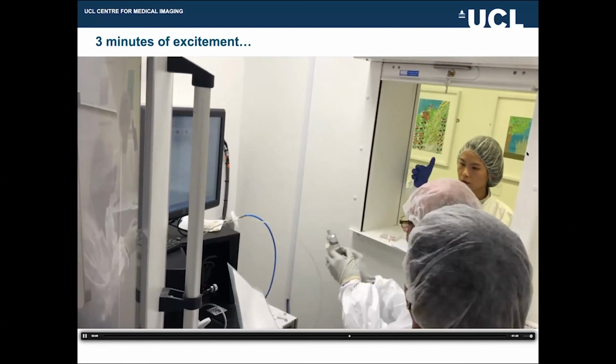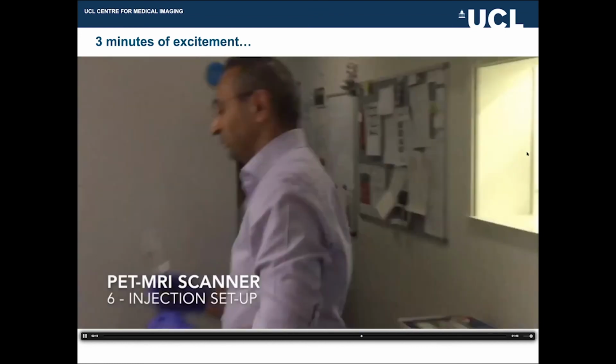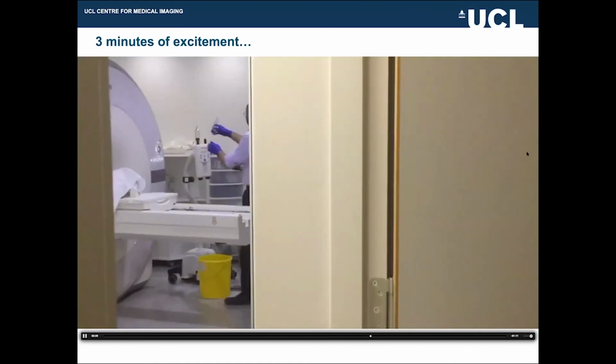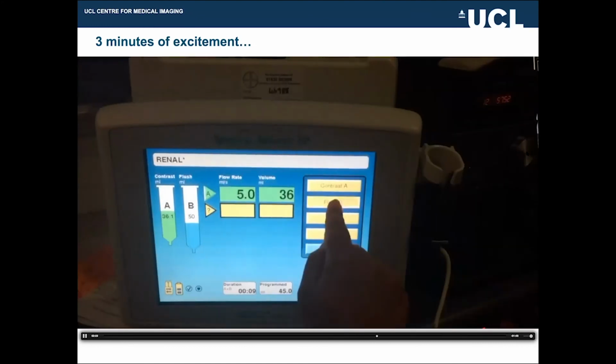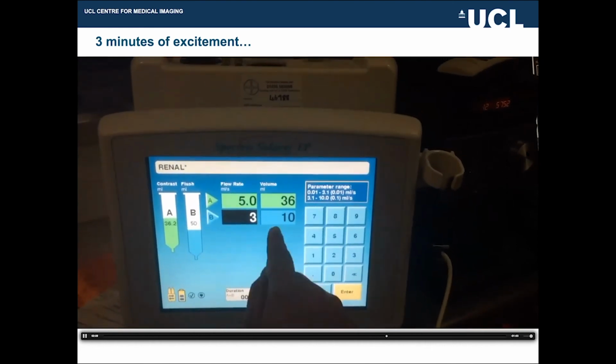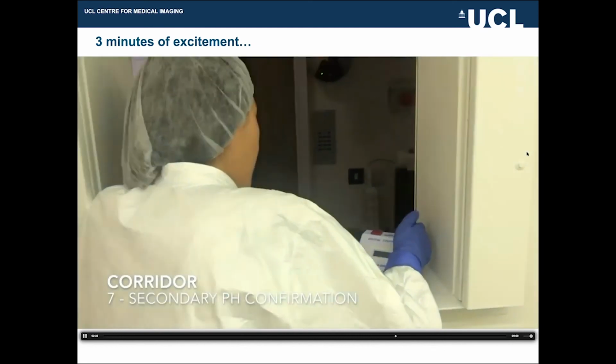We go, Fiona running down the corridor. I'm walking. So we have the patient set up in the scanner. Everything is going to be connected, and then we're able to inject. Okay.